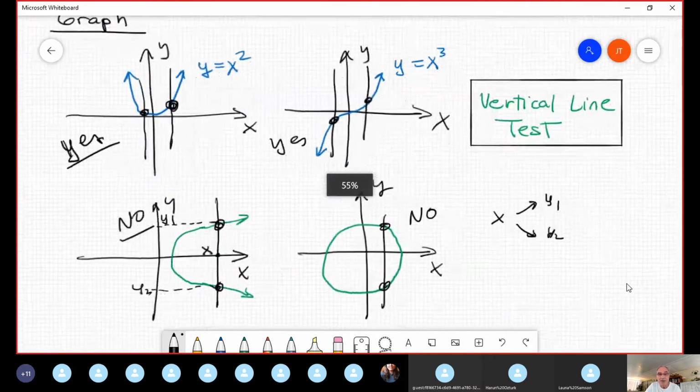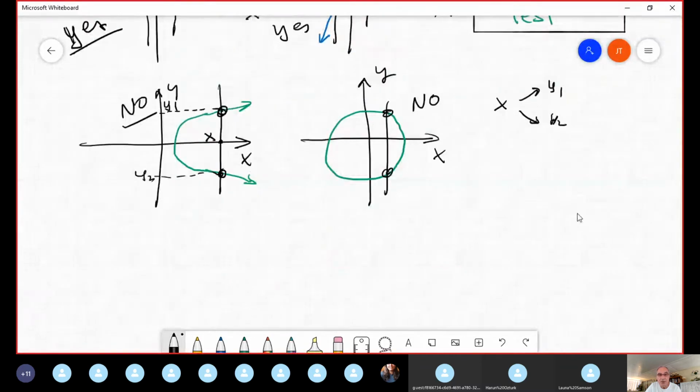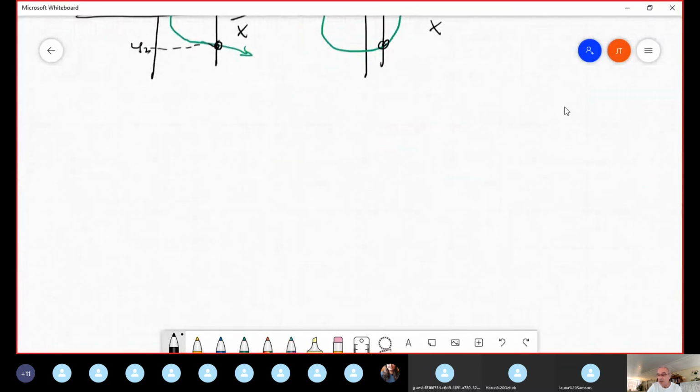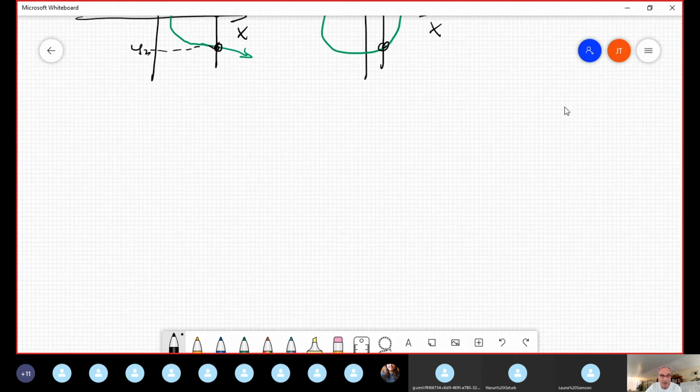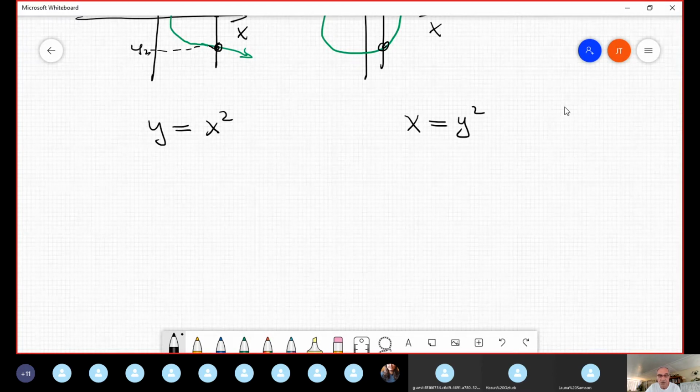Okay, guys, I bring one example to summarize the information we need. Suppose, for example, y equals x squared and x equals y squared. The question is to determine if these equations correspond with a function or not.